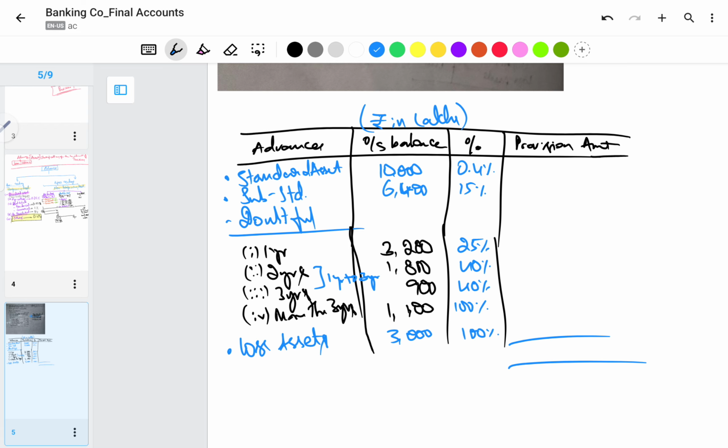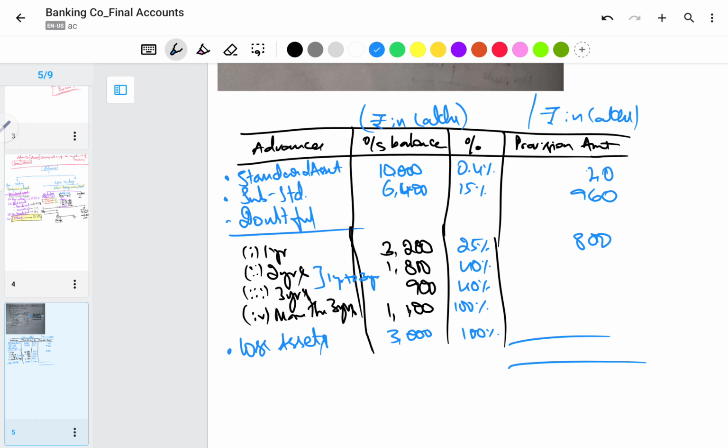10,000 into 0.4 percentage, which is 40. Here also the same amount in lakhs. Then 6,400 into 15%, 960. Then 3,200 into 25%, which is 800.